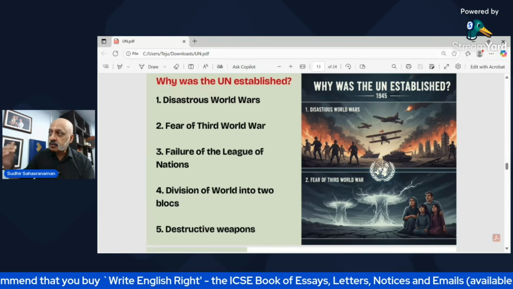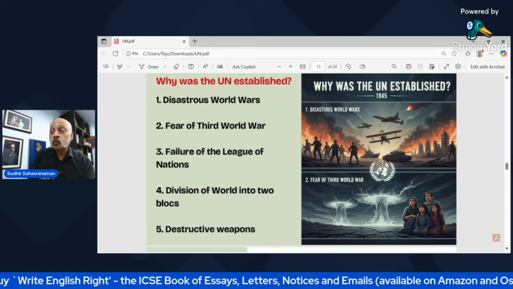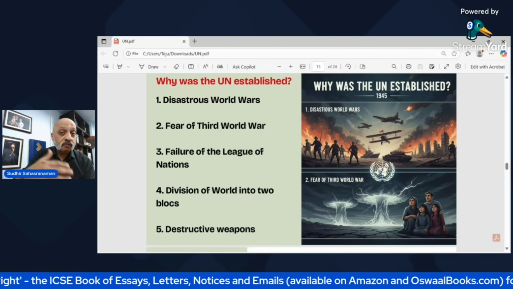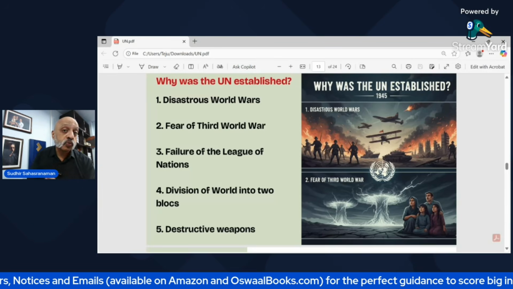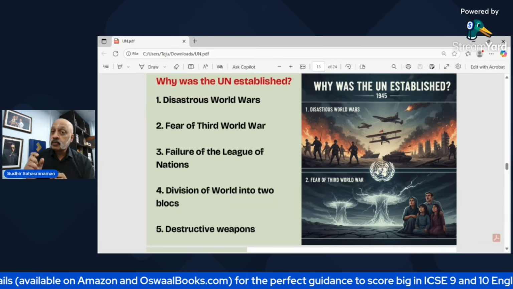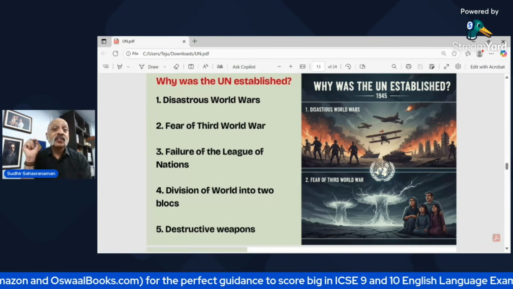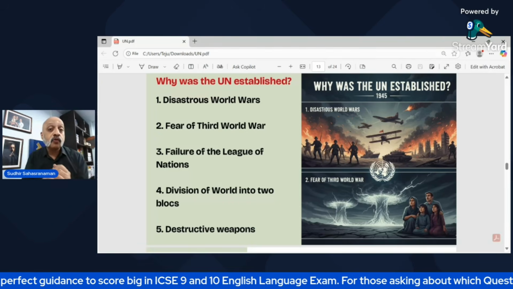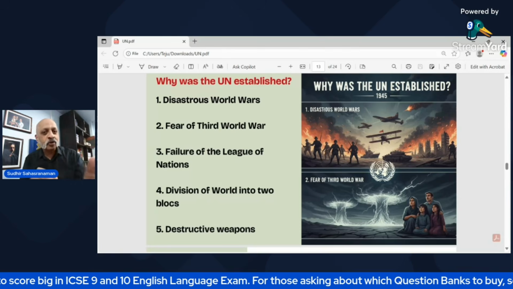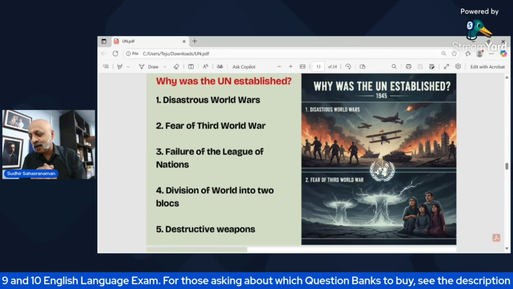Ukraine, Russia, the India-Pakistan skirmish over Operation Sindoor, then you have the Israel, the Middle East crisis. So there are a whole lot of wars which are taking place. So obviously question marks are once again being raised whether we need yet another or a more effective form of United Nations, but that's not really part of what you need to do now.